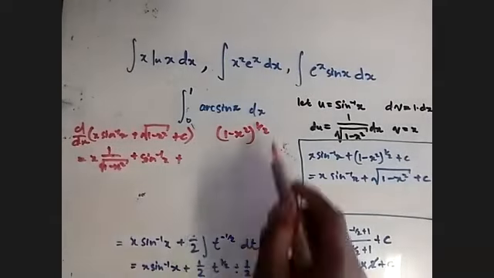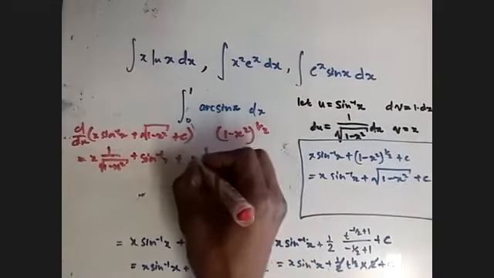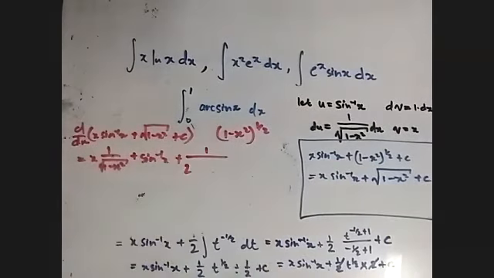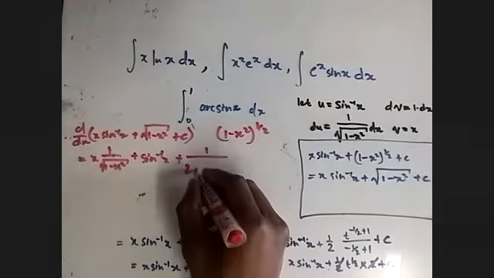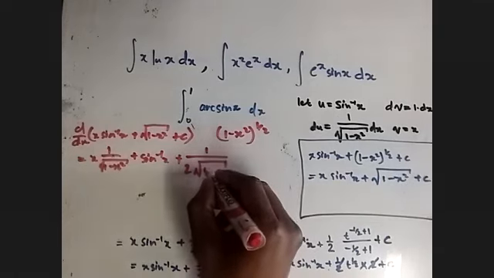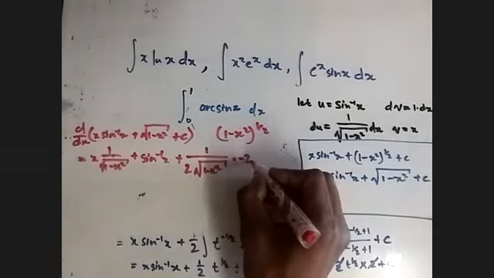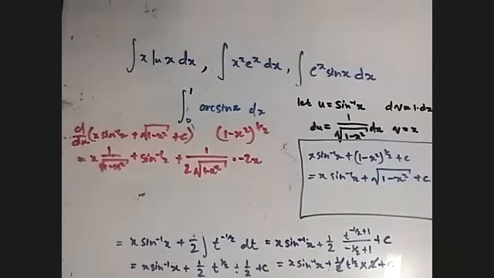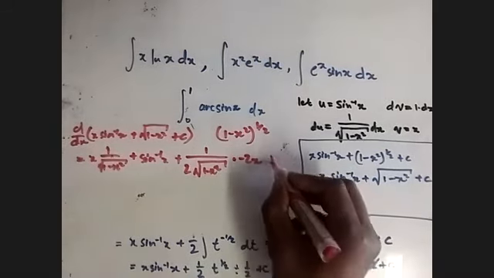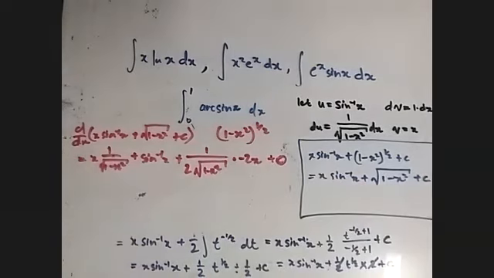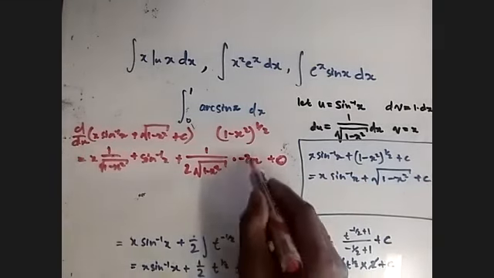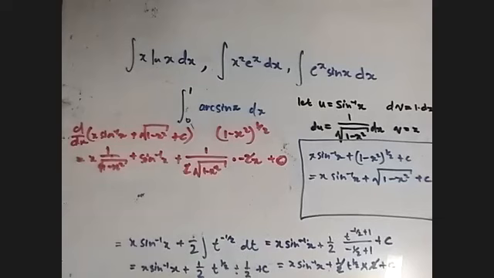The derivative is just me multiplying by 1/2, subtracting 1 from the power, having 1 minus x squared, and then we're going to multiply this by negative 2x. Then our constant is just 0. Derivative of a constant is 0. As you can see, 2 and 2 give us 1.